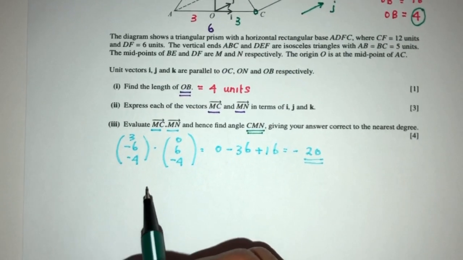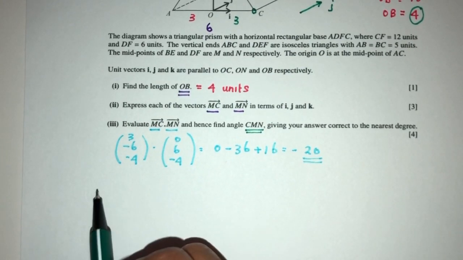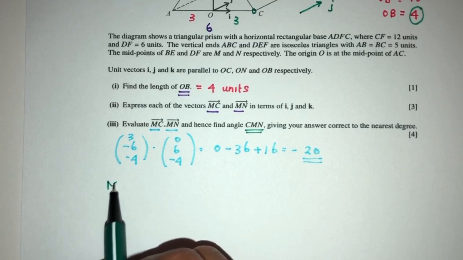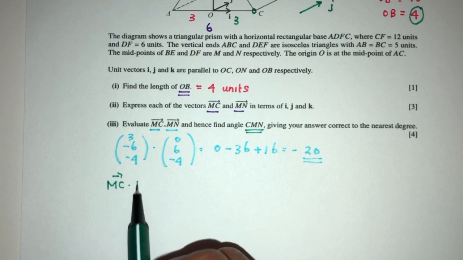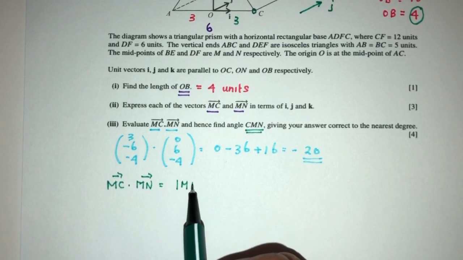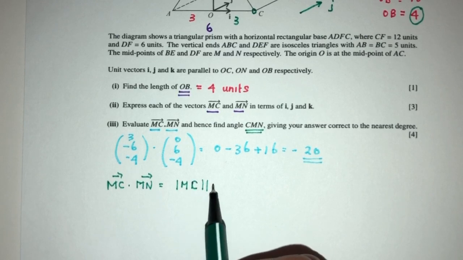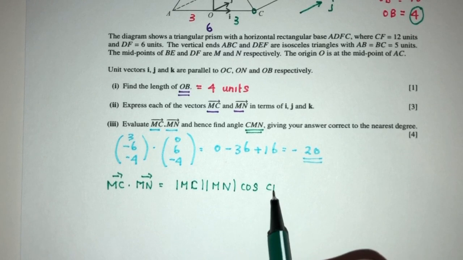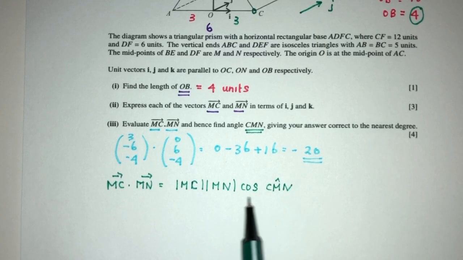So pretty easy, we know that the angle we need to find can be found by using this formula, which is the dot product of the two vectors is equal to the magnitudes multiplied, and then cos of the angle in between. So we have to find the angle right here.